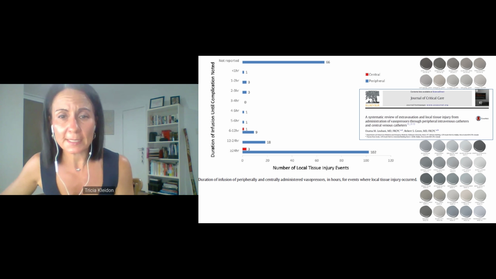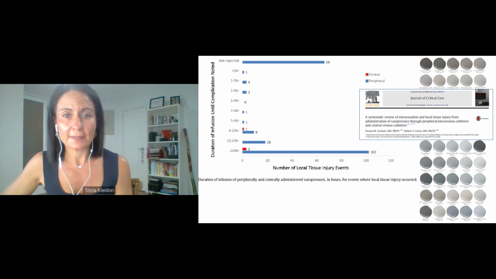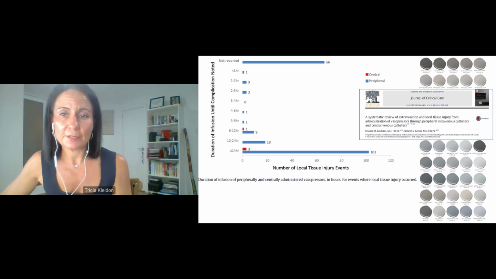So 64% of the events caused local tissue injury, and 98% of these injuries were associated with peripheral intravenous catheters. And of the tissue injuries, some of them were not significant and did not necessarily include skin necrosis. Some of them did include skin necrosis, tissue necrosis, or gangrene.